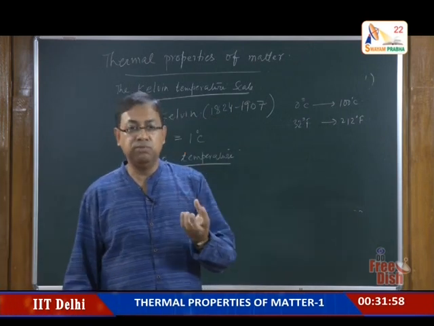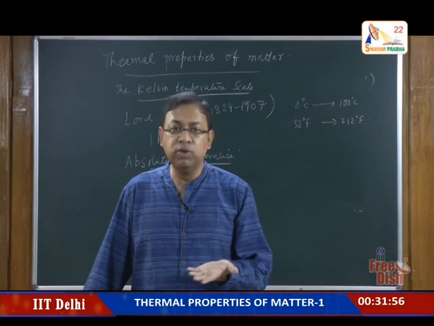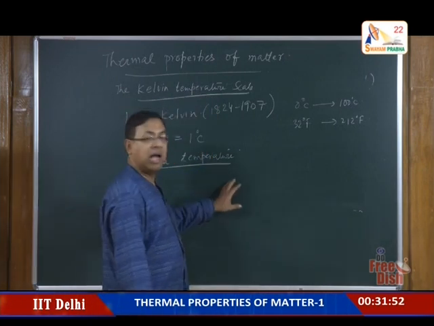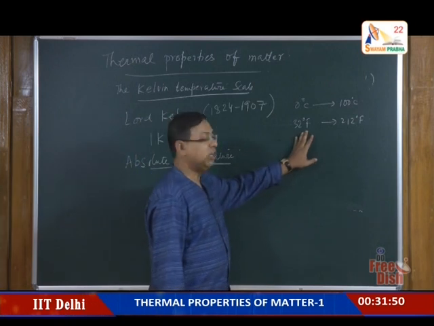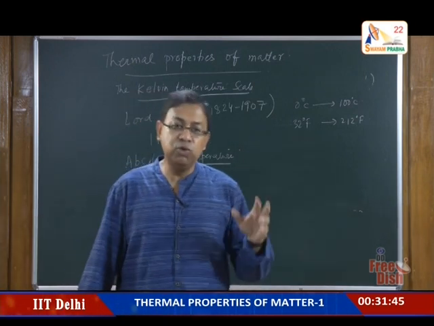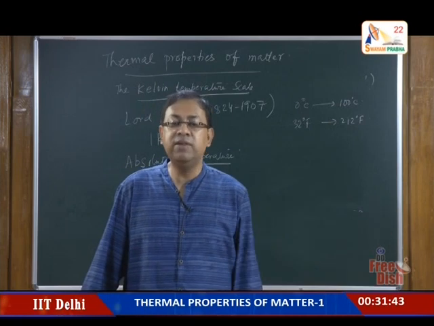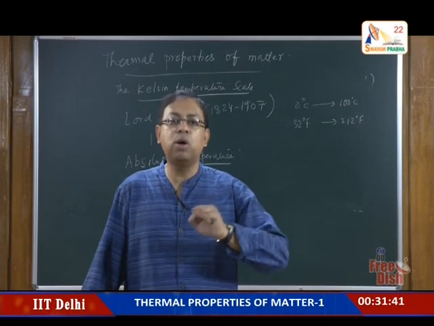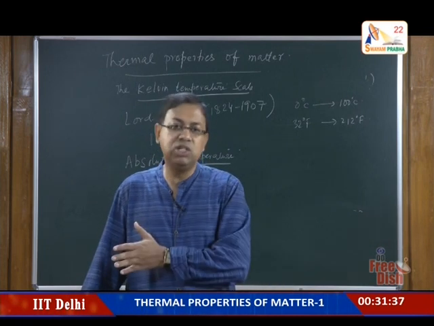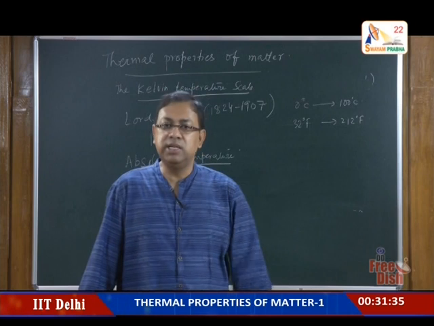The fire in the oven has a temperature much more than that, while a mercury in glass thermometer is unable to measure that. So, scientifically, even if we don't need them in day-to-day life, it's important to talk about temperatures lower than 0 degree centigrade and larger than 100 degree centigrade.